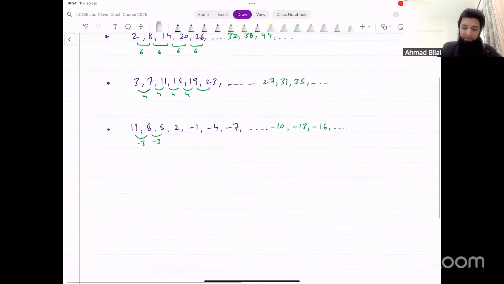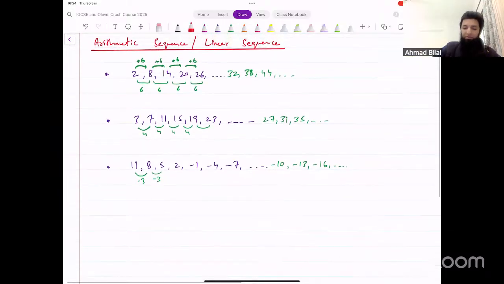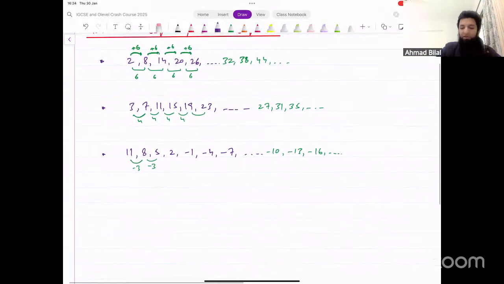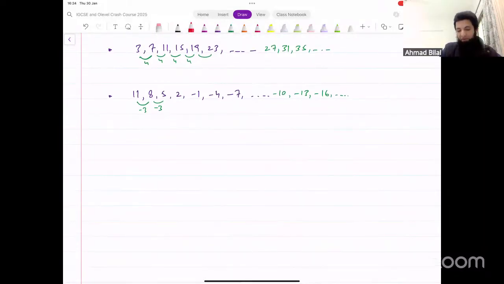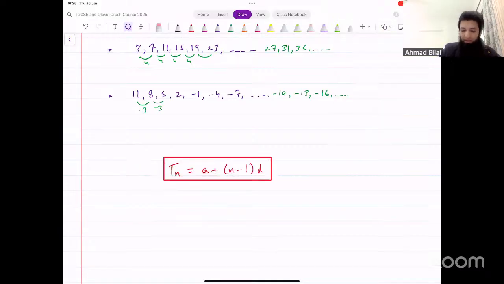Now, what's an nth term? Let's try to understand that using a linear sequence as well. So let me write down the formula first of all, then we'll try to understand that. The nth term of a linear sequence or an arithmetic sequence is given by this: a plus n minus 1 times d. This is the nth term formula for an arithmetic sequence: a plus (n minus 1) times d.